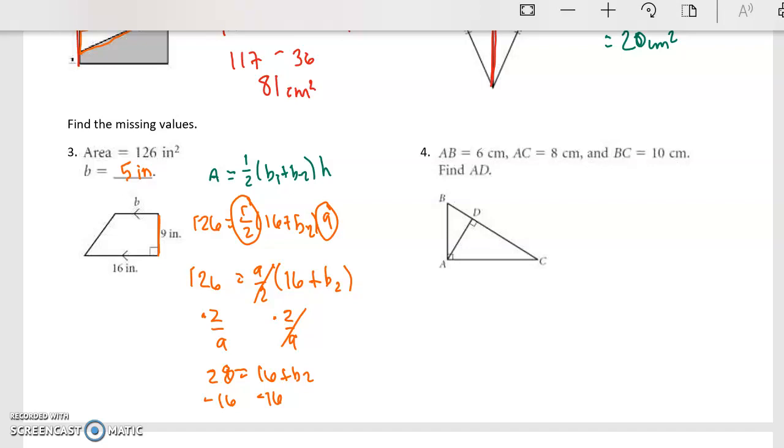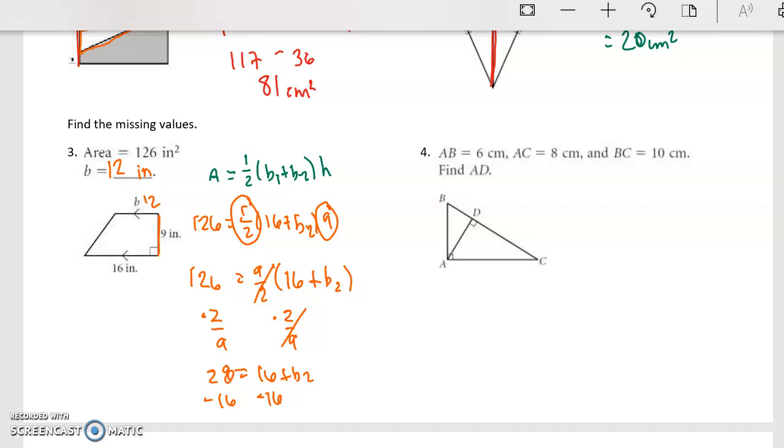I went to double check my answer, and it did not work. And that was a good thing. So then I was able to catch my error. So let's go back. So now if I add b2 is 12, 16 plus 12 is 28, times 9 is 252, divided by 2 is 126. So that works.